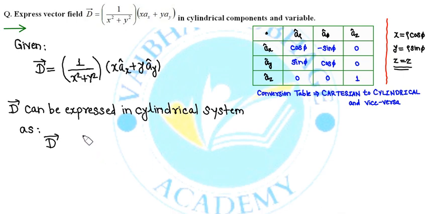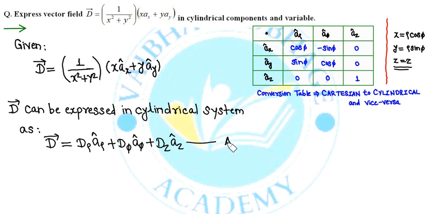Now your given vector D can be expressed in the cylindrical system, and it will have components like D rho a rho cap, that is the component along the rho direction, then D phi a phi cap, plus Dz az cap, the component along the z direction.